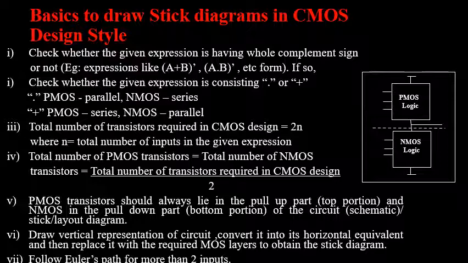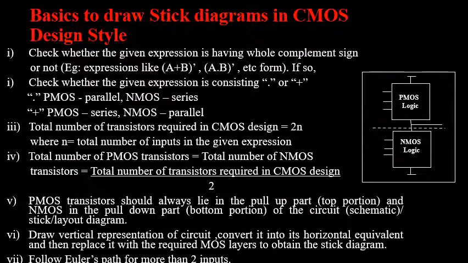So you can just divide 2n by 2. So how many inputs? 2 inputs, 2 PMOS transistors, 2 NMOS transistors. Total is 2 plus 2, that is 4. So it satisfies this particular rule. When we solve one or two examples, we will come to know how to deal with the transistor requirement.